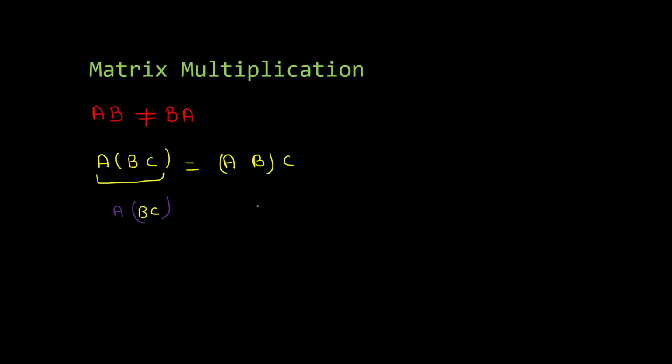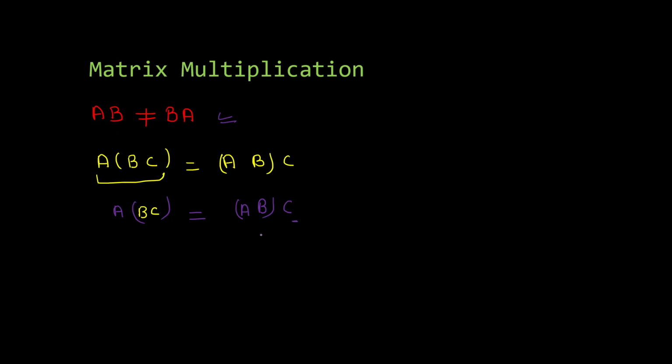So this gives us the left hand side. And in the right hand side, first of all we start with matrix B and multiply it with matrix A, so we get AB, and this AB matrix we apply again from the right hand side to matrix C. Remember, order matters, right? And these two things are the same.